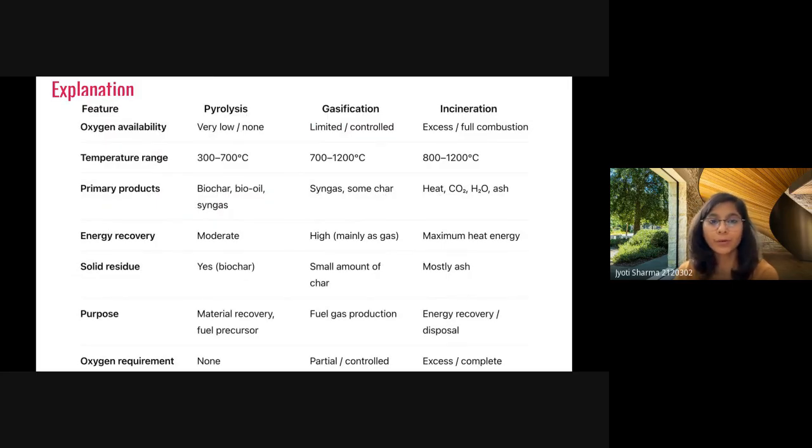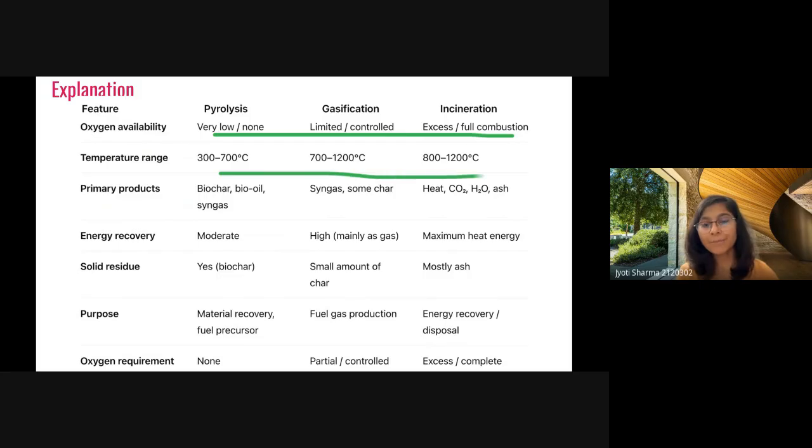Okay, so here again we have differences between pyrolysis, gasification, and incineration. This one is very clear. Then we also have some difference in the temperature range. Whenever we have more oxygen, we can provide a higher temperature range. So this is 500 to 1200 degrees Celsius. Then what product will we get?